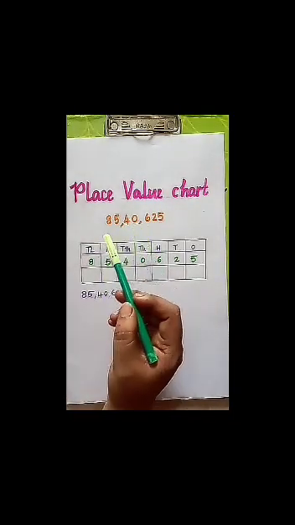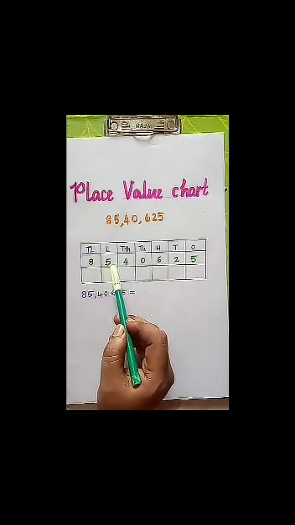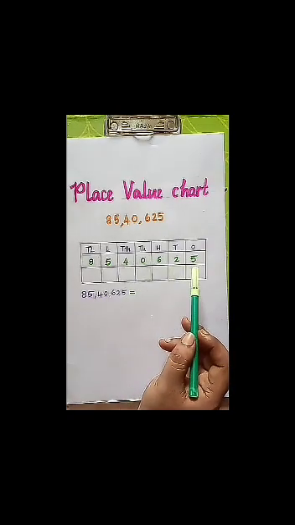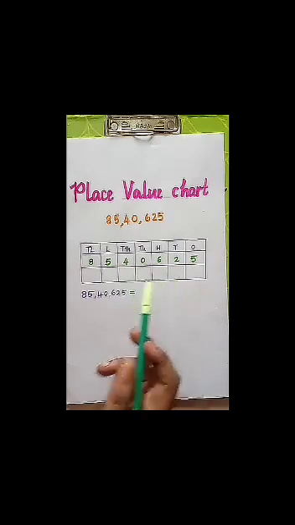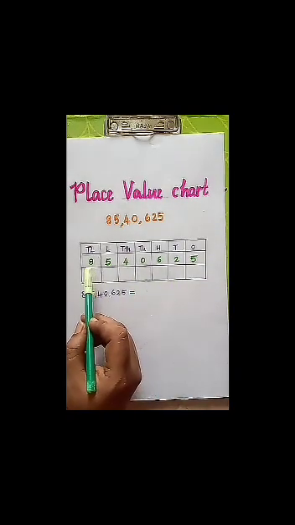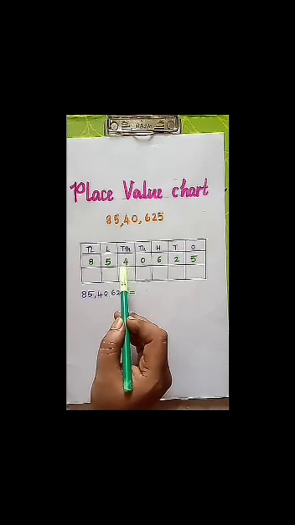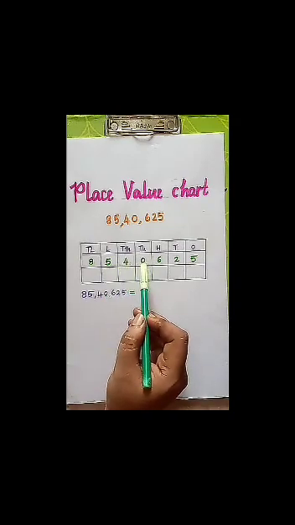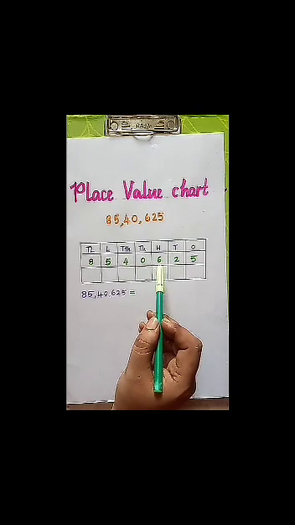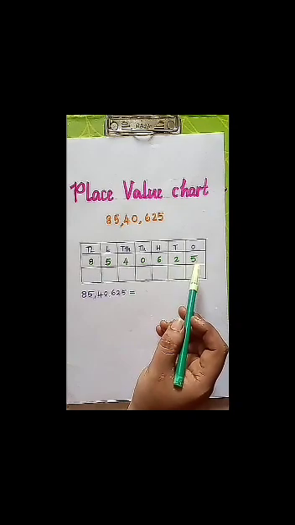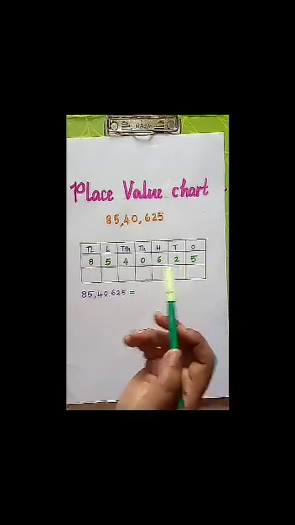We write the number 85,40,625 in the place value chart. 8 in the 10 lakhs place, 5 in the lakhs place, 4 in the 10,000s place, 0 in the thousands place, 6 in the hundreds place, 2 in the tens place, and lastly 5 in the ones place.